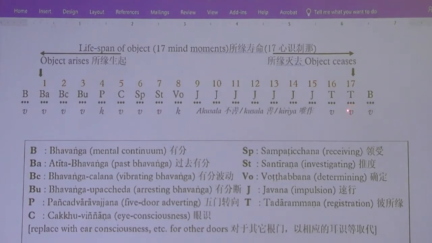After the last registration mind, the stream Bhavanga, the normal Bhavanga, arises. But within one process, we cannot understand what we are seeing, what we are hearing. We understand only after 17 moments, with the following mind processes.